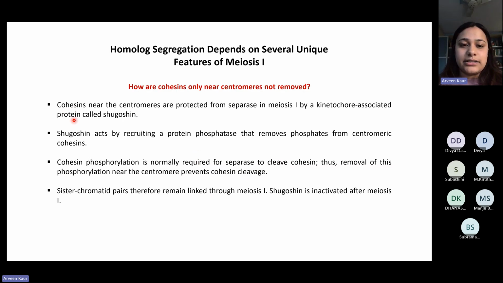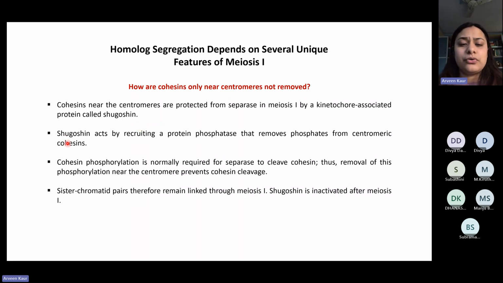This is so because cohesins near the centromeres are protected from separase. How are they protected? Specifically in meiosis 1, they are protected by a kinetochore associated protein called shugoshin. I think it is a Japanese word which means guardian protein, some kind of a guardian. So it is guarding this disassembly.